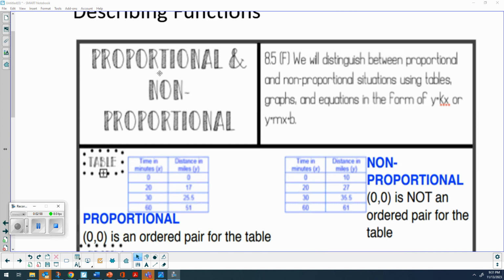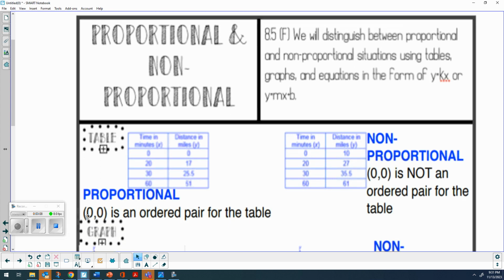The last two labels that you can describe a function with is proportional and non-proportional. If you notice with proportional, 0, 0, if you can visualize it inside of the actual word itself, in proportional. If a function is proportional and it's in a table of values, that table will contain 0, 0.